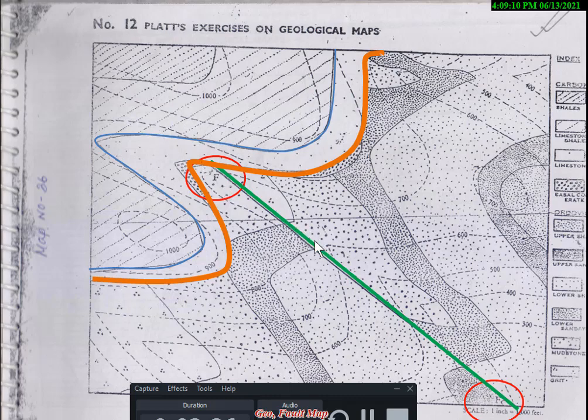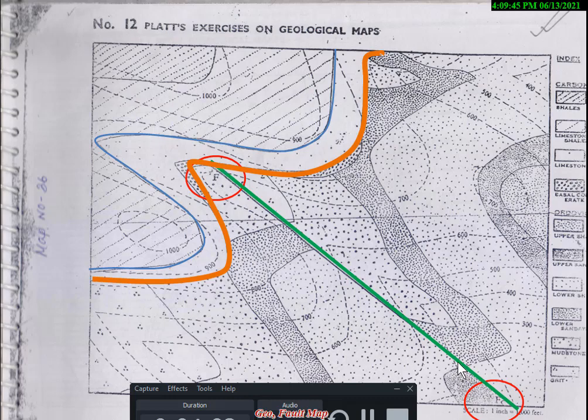Along the fault line, beds appear somewhere else, like a slip, but along the unconformity line, beds disappear and do not appear over that region. All three beds are deposited over the lower beds. So this line is an unconformity line and this line is a fault line.